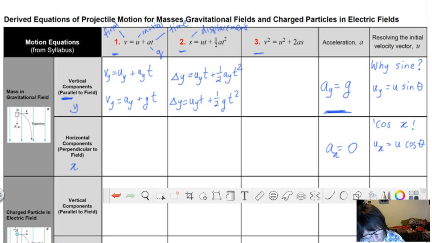Notice in our third equation that time is the variable that's missing. Let's now put in our subscripts.